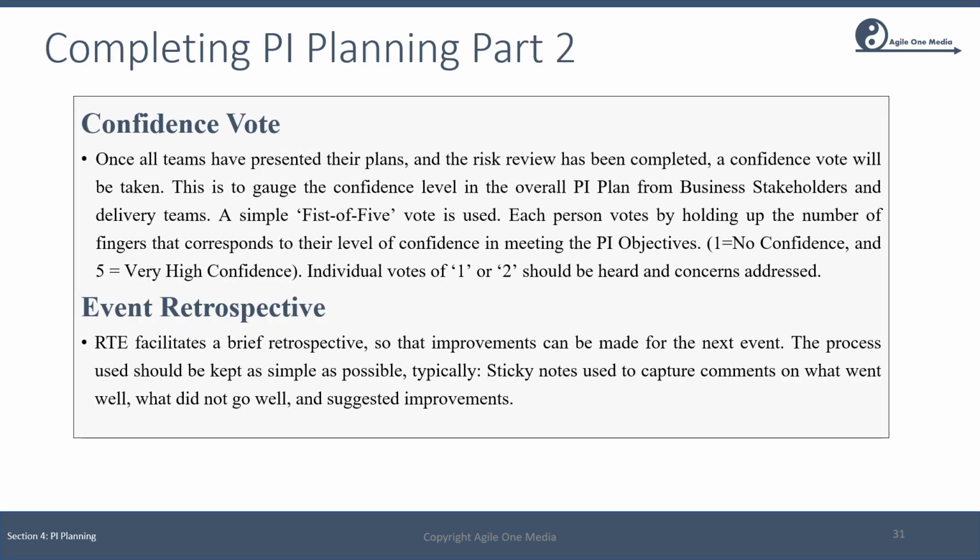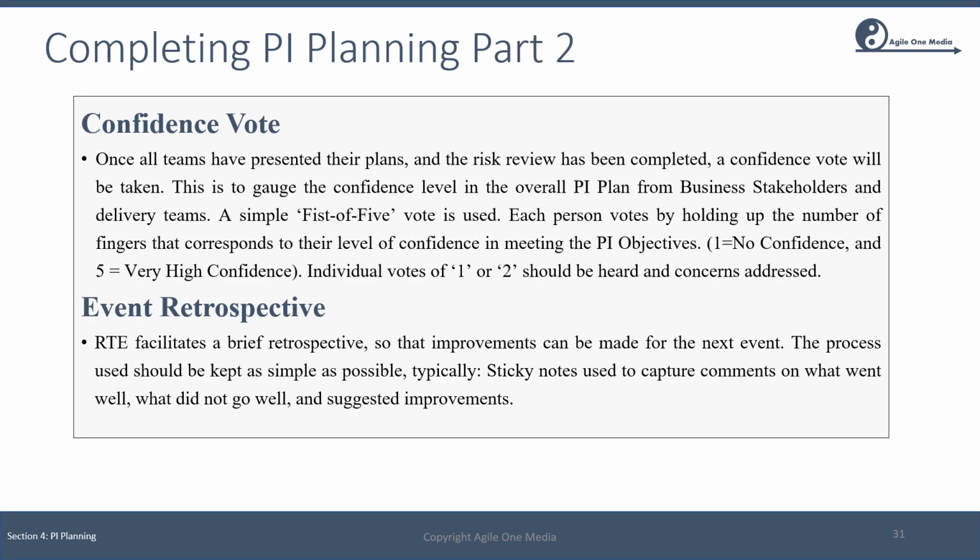So now we have 2 final steps to take to close out the PI planning event. First of all, we'll have the confidence vote. Once all teams have presented their plans and the risk reviews have been completed and the plans have been accepted by the business owners, we'll have the confidence vote. This is to gauge the confidence level in the overall plan from the business stakeholders and the delivery teams.